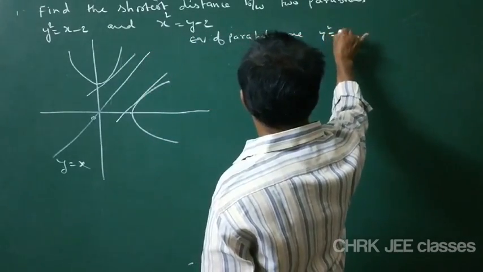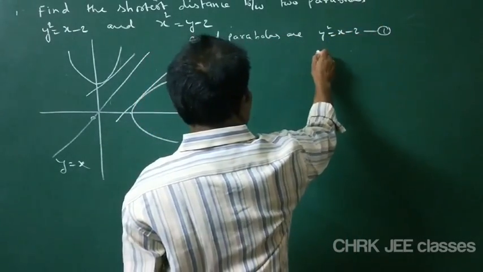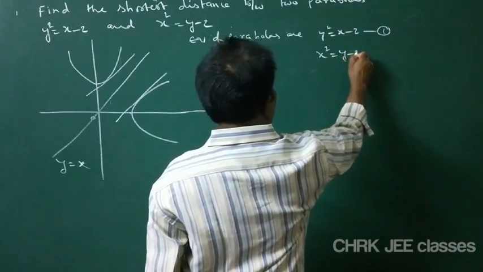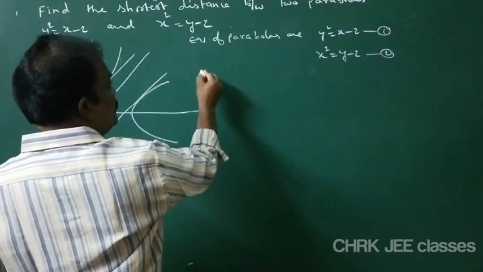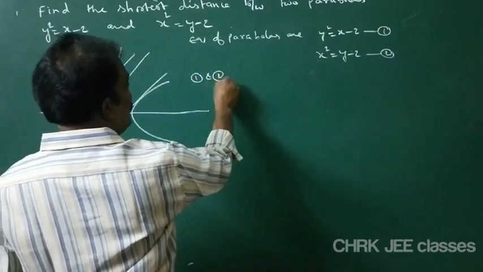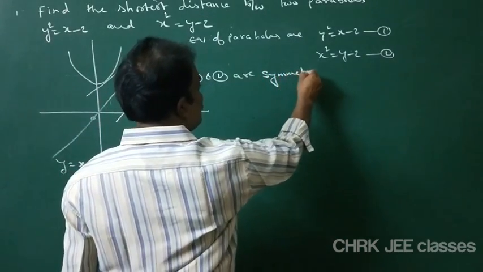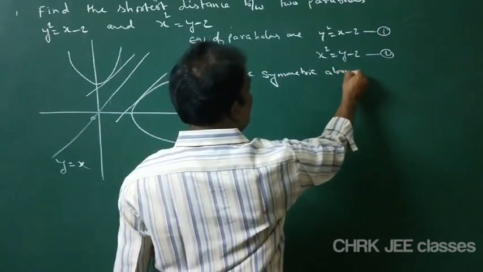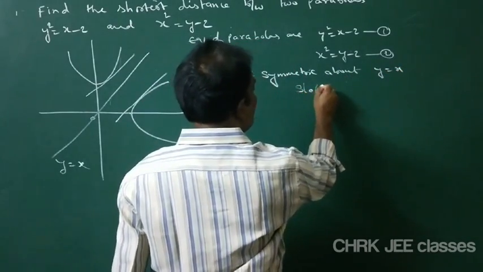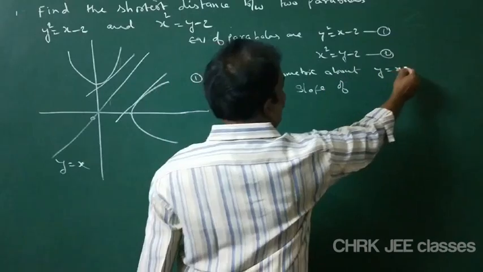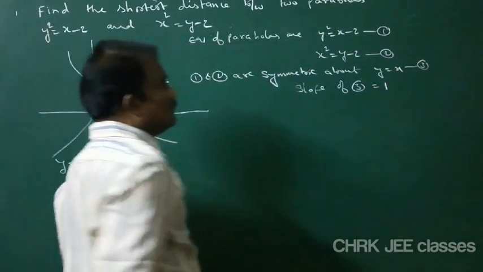First is y square equal to x minus 2, take this one as 1, and x square equal to y minus 2, take this as 2. Equations 1 and 2 are symmetric about y equal to x. Slope of line 3 is equal to 1.